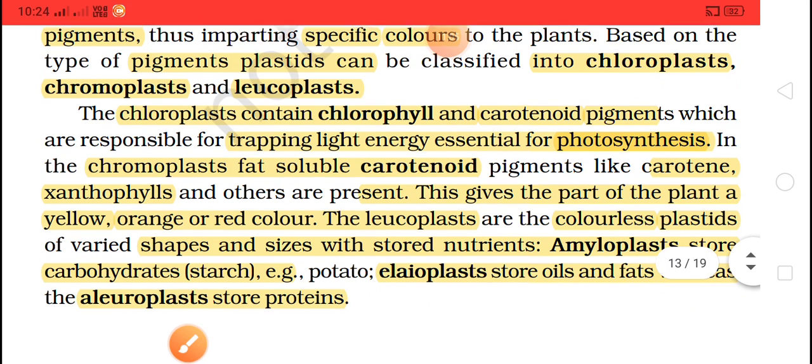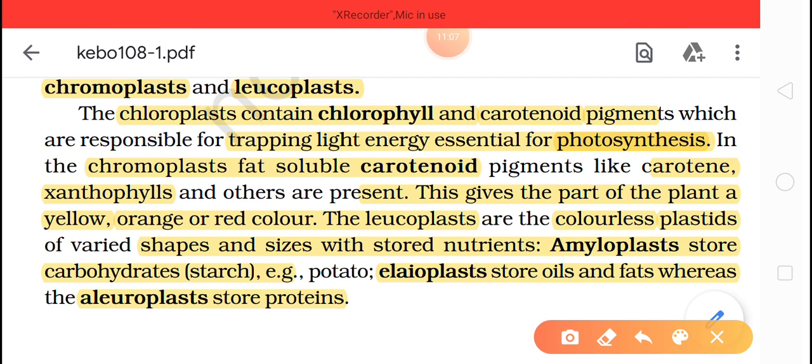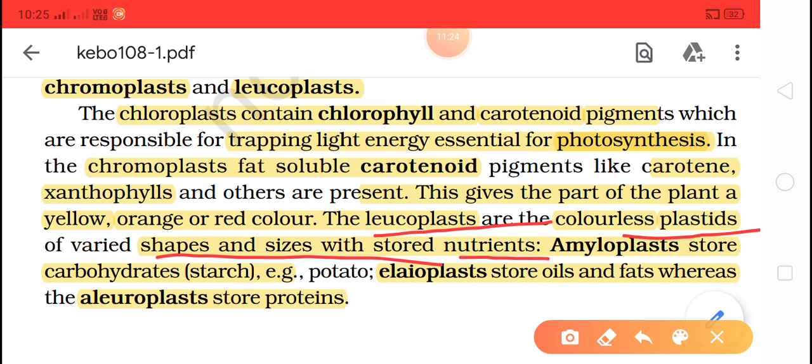Okay, now last, that is leucoplast. Leucoplasts are the colorless plastids, the plastids without color. They vary in shape and size and store nutrients. Basically, the function of the leucoplast is to store the nutrients.